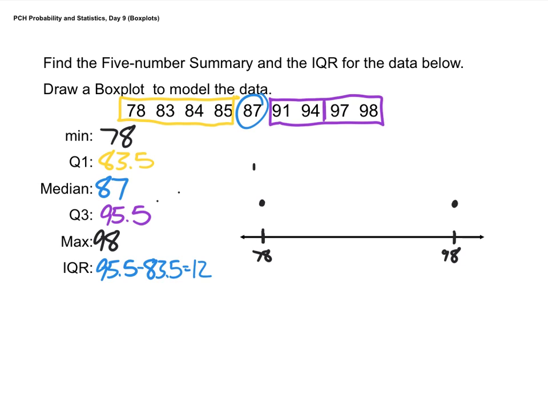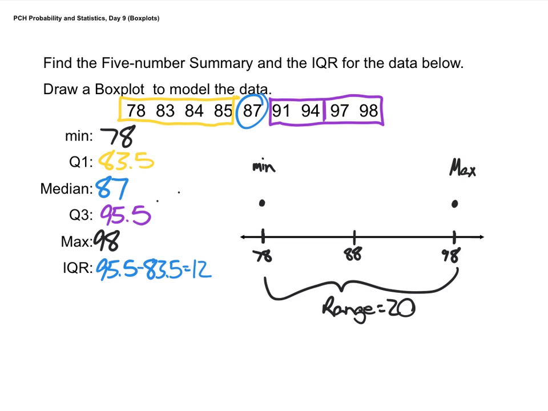So here's my min and here's my max. Then notice that's a range of how much? Yeah, the range here is 20. So that means that 88 would be kind of in the middle.